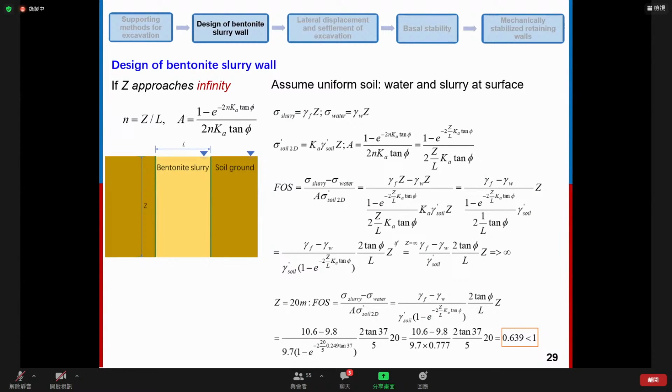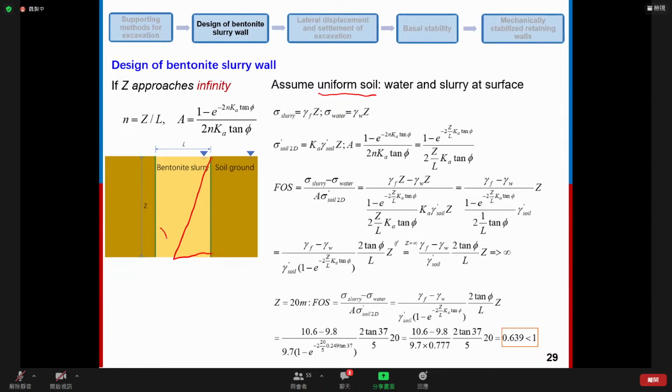So, okay, here we have an example. Let's assume the soil is uniform soil. And then we have water and slurry at the surface of the excavation. First of all, let's calculate the pressure inside the excavation provided by the bentonite slurry. We can draw a pressure distribution.